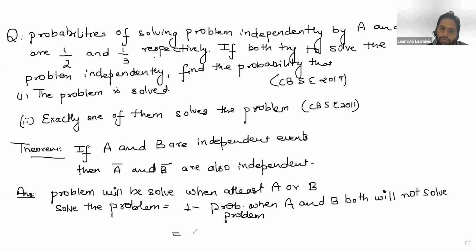Okay, so this will be equal to what? 1 minus P of A naught intersection B naught. Is it clear, Atif? Yes, sir. Atif is okay, great. So please now continue this question.